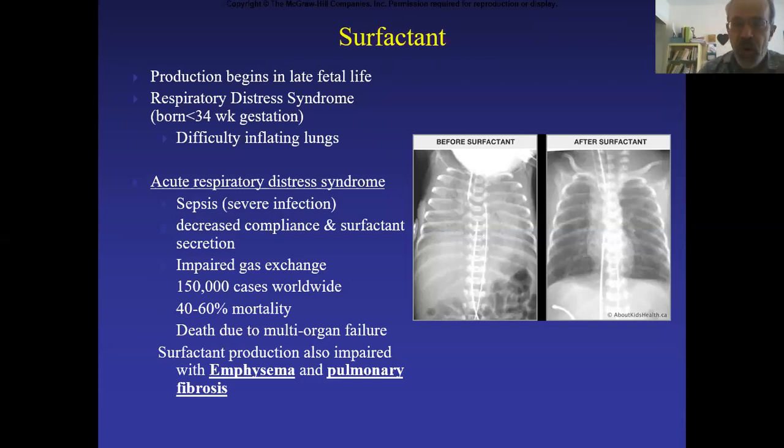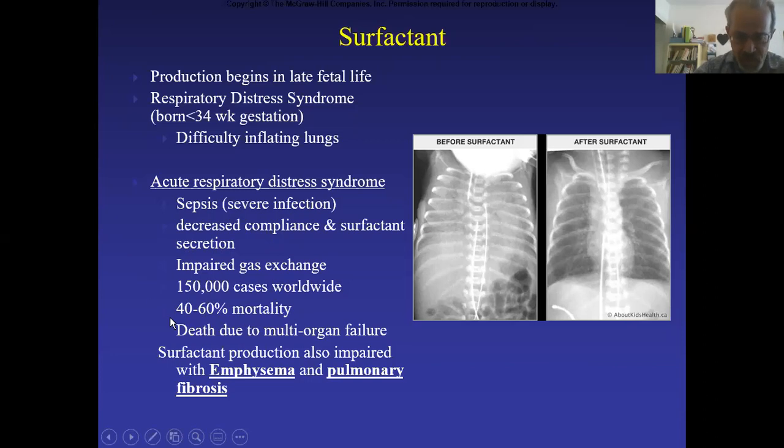Adults can also have this problem. For example, there's a condition called acute respiratory distress syndrome in adults, which can be caused by sepsis, a very serious systemic bacterial infection that can target the alveoli. And it does all these things, reduces compliance, affects surfactant production, and has a very high mortality rate.